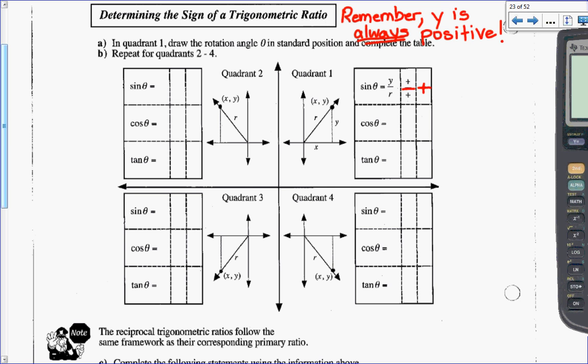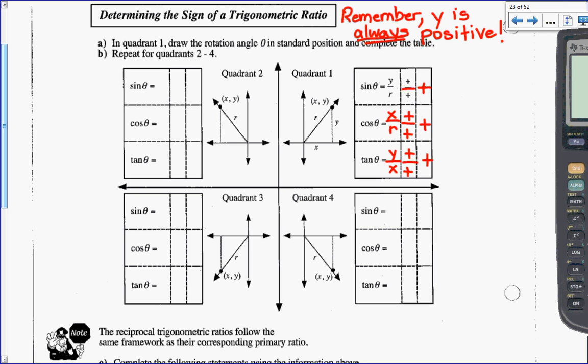Okay, now cosine is x over r. And again, in quadrant 1, our x values are positive and our r is always positive, so this gives us a positive ratio. A positive number over a positive number gives you a positive. Okay, tangent is y over x. And again, in quadrant 1, our y value is positive and our x value is positive. So this again will give you a positive ratio.